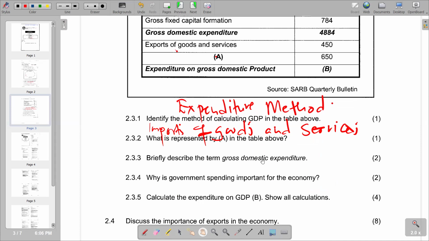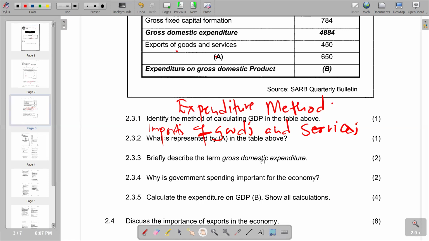So no matter who is producing those goods and services, we are just adding goods that have been produced locally in South Africa within the national boundaries, and we add to get the total, and the total becomes the gross domestic product. No matter the person is a foreigner or is a local citizen, that doesn't matter. So what we want is the total value of goods and services that are being produced.